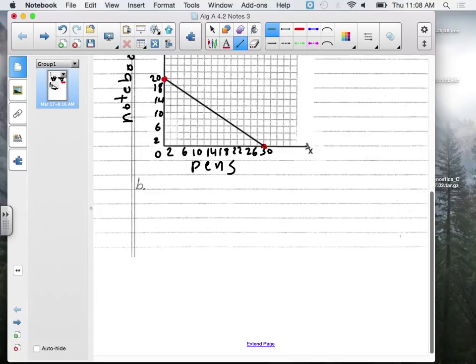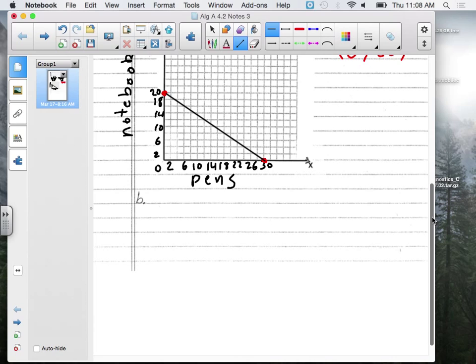How many notebooks? Close. How many notebooks and pens are bought? So say that again, Michaela. Okay, so let's be specific.